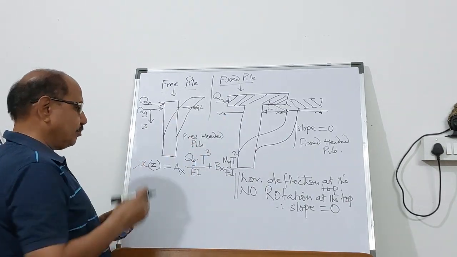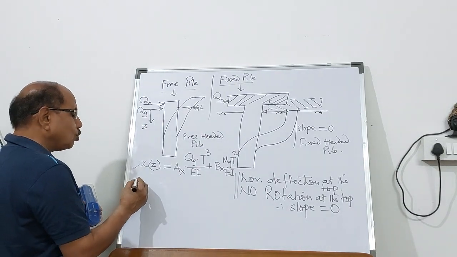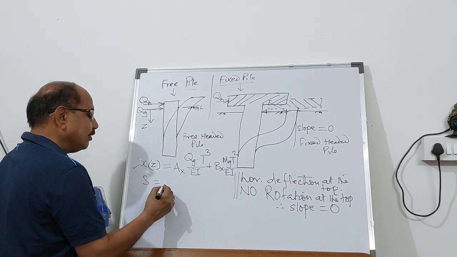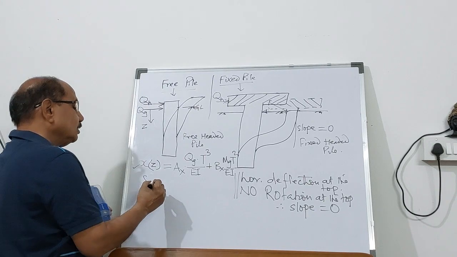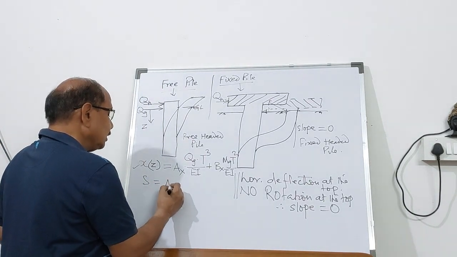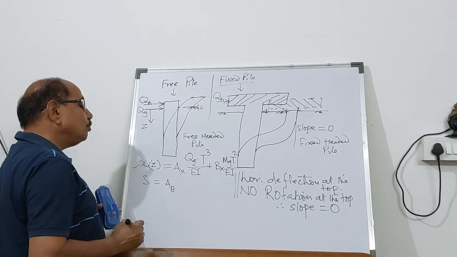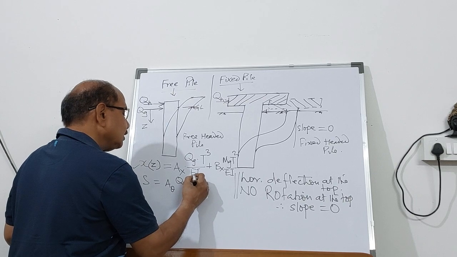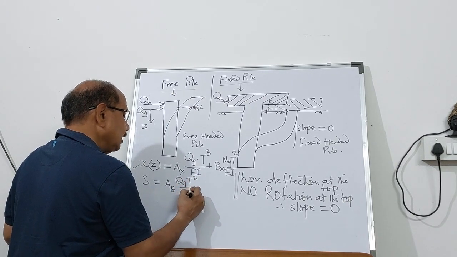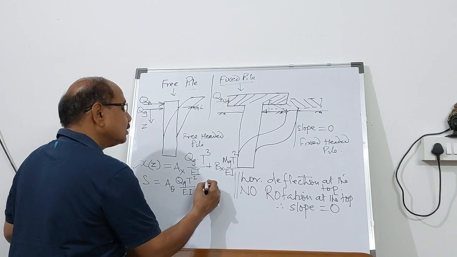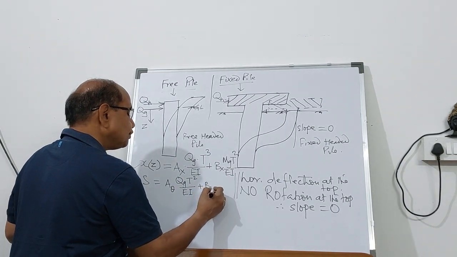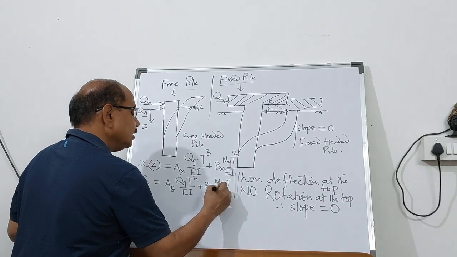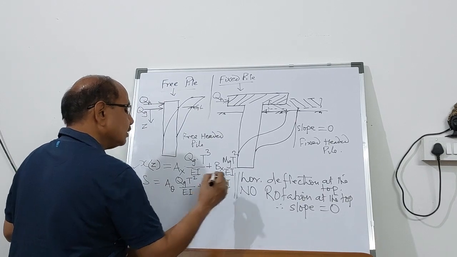But if it is a fixed-headed pile, you know the equation of the slope. I had given you that the slope is a coefficient for the slope, A theta, into Qg T square upon EI, plus B theta into Mg T divided by EI.